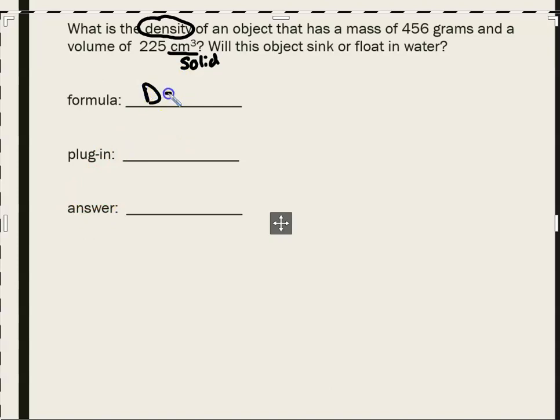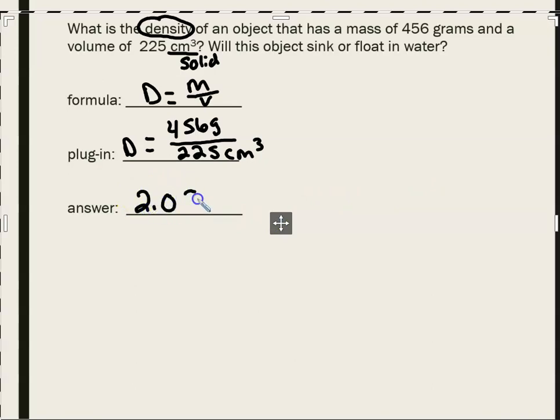So our formula is density is mass divided by volume. And then density equals the mass, 456 grams, divided by the 225 centimeters cubed. All right, so when you put this in your calculator and divide them out, you get 2.0266.